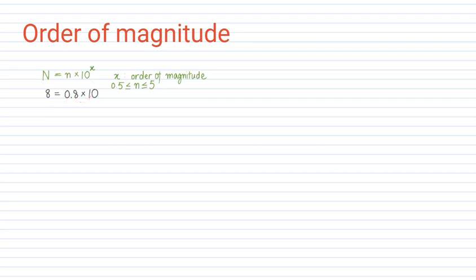What is 0.8 multiplied by 10? It is 8. So I have written n between 0.5 and 5 multiplied with 10. And here, what is the power of 10? The power of 10 is 1. So what is the order of magnitude of 8? It is 1.